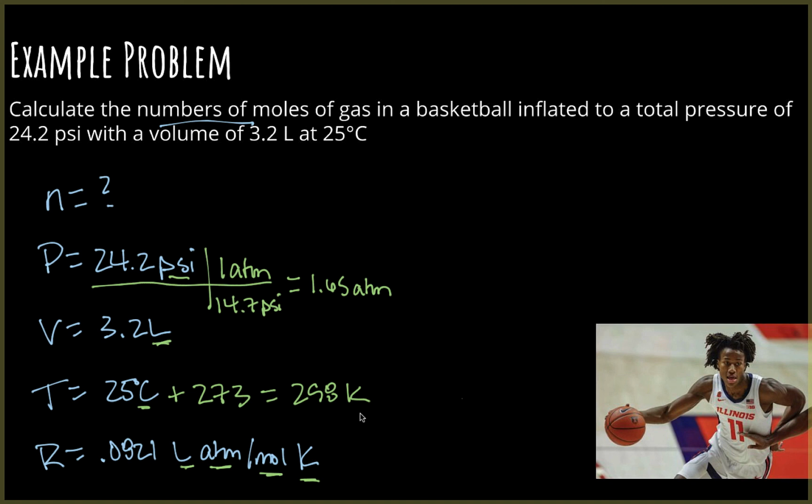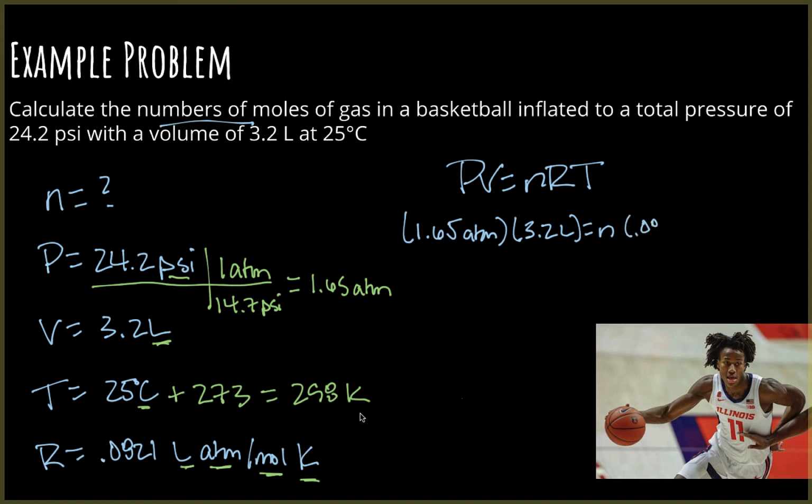Okay, so now that I've done that, I can go back to PV equals nRT. Pressure 1.65 atm. A volume of 3.2 liters. n is what I'm looking for, 0.0821 liter atm per mole K. And then my temperature for this particular situation, 298 K. Again, atm cancels, liters cancels, Kelvin cancels, so I'm left with moles.